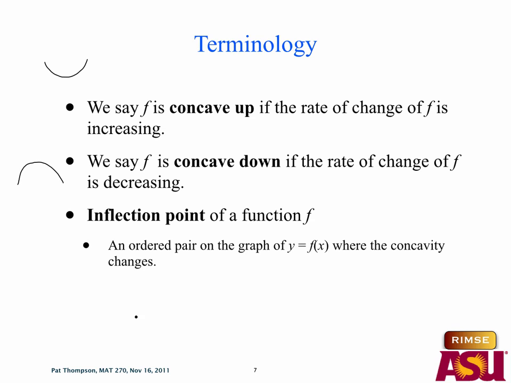So an inflection point would be something like, concave down here, and then somewhere around this point it switches to being concave up, or vice versa. These points that I'm highlighting would be referred to as inflection points, because the graph changes its concavity.